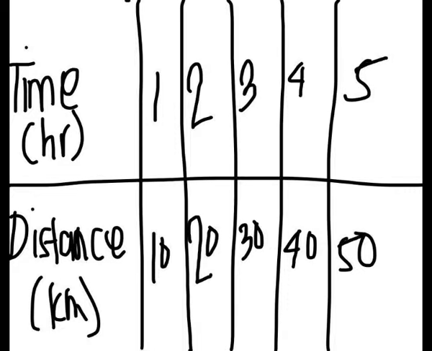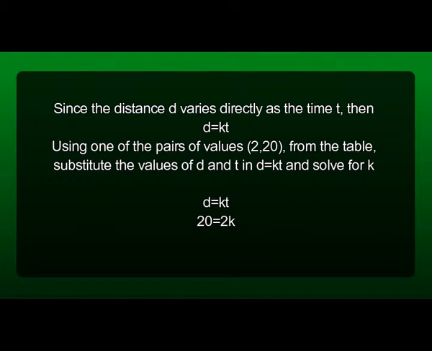The table shows that the distance d varies directly as the time. Find the constant of variation in the equation which describes the relation. Since the distance d varies directly as the time t, then d is equal to kt.